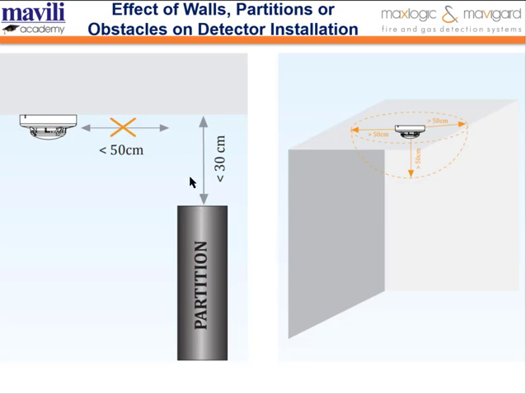If the gap between the partition and the ceiling is less than 30 cm, the partition should be treated as if it extends all the way to the ceiling, and you should still maintain a 50 cm distance between the detector and the partition. But if the gap is greater than 30 cm, the partition can generally be ignored, and the detector can be installed according to the standard detector layout rules.